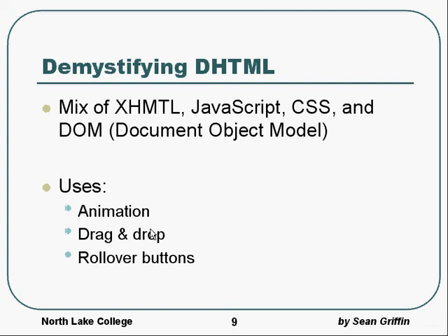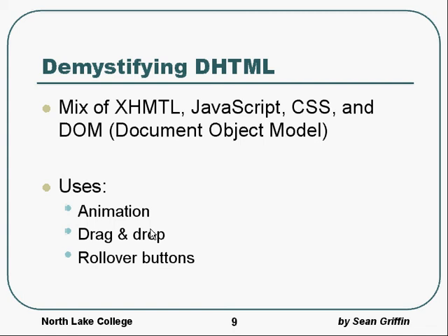And then something called the document object model. Okay, so what does that mean? It just means that you're using a couple of different languages all wrapped up together inside of an HTML file to do something more than XHTML originally had available to it.